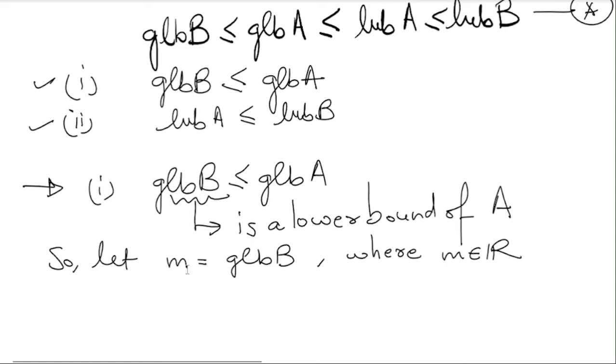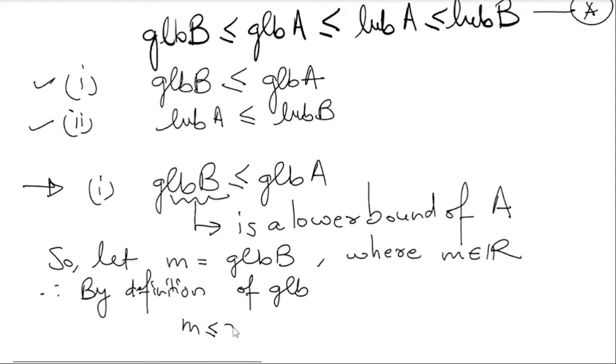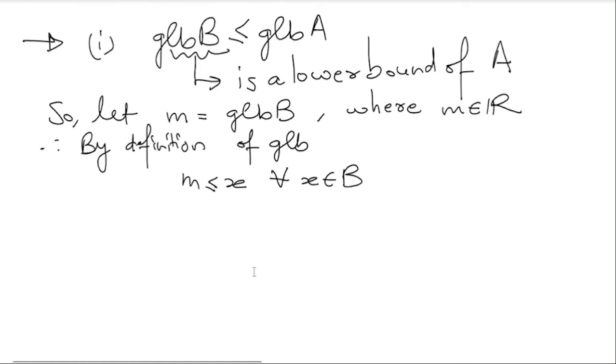Because m is the greatest lower bound, which I have assumed, by definition of greatest lower bound, we have m is less than or equal to x for every x in the set B. This will hold automatically by the definition of greatest lower bound. Let me call this my equation 1.